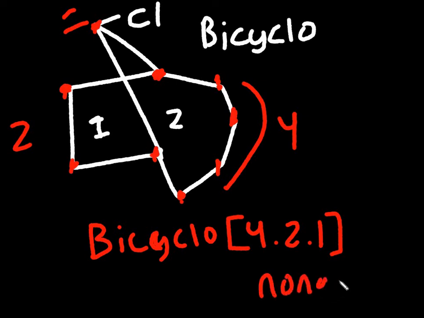Nonane. Now, we can't forget about the chlorine. So it'd be at the 9th carbon, it is 9 chloro bicyclo 421 nonane. Okay. It's fairly simple to do these naming.